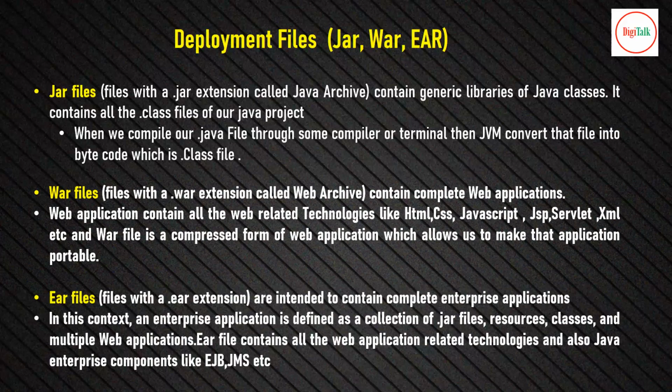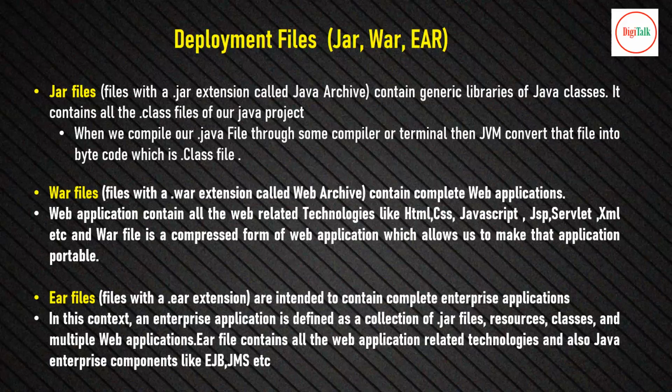So apart from your JAR file, which I described as a library file, you have a WAR file for the web application. But apart from that, maybe you have other code as well in your application, like EJBs, Enterprise Java Beans, which execute at your server level. So in that case, you have JAR files, libraries, maybe you have WAR files for a web application, and apart from that you have EJBs as well, for execution of your business logic.